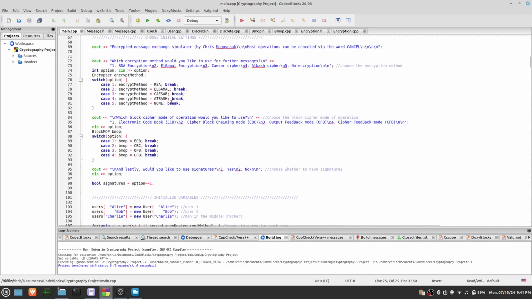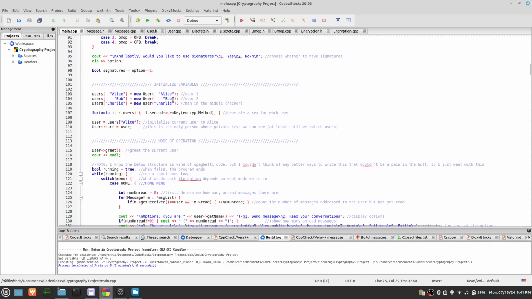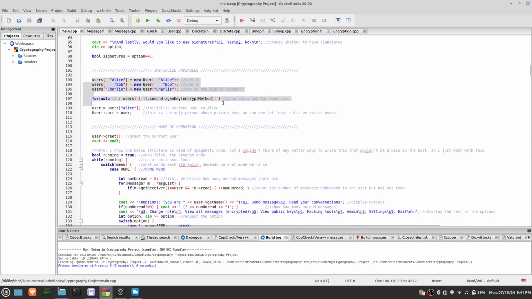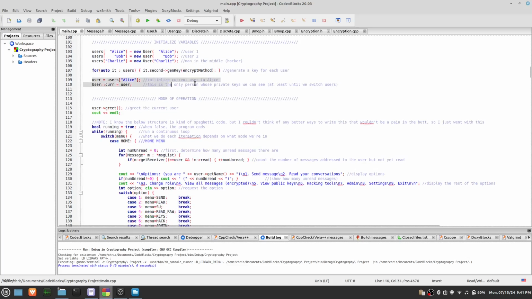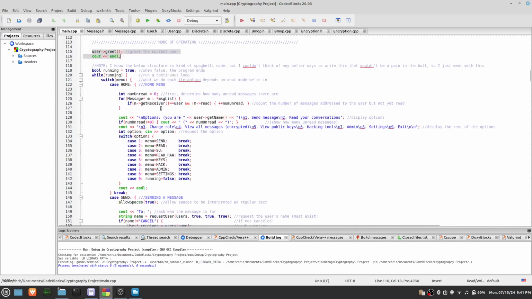You decide on the encryption method, you decide on the block cipher mode of operation, and you decide if you want to use signatures. We initialize all three users, and initialize their encryption method, and we set the current user to Alice. We greet Alice, and then we start running the loop.